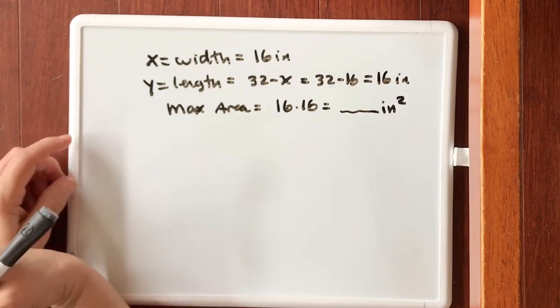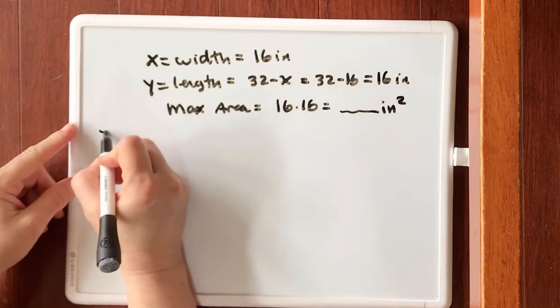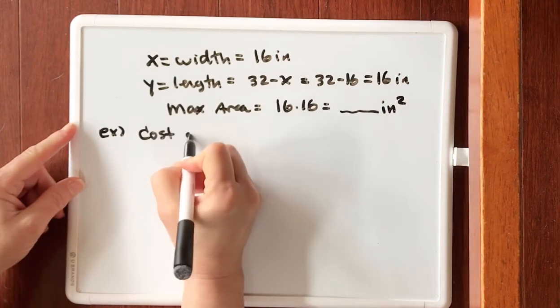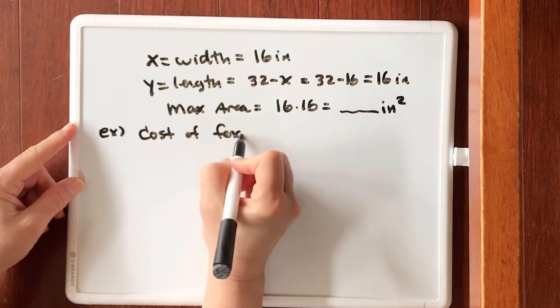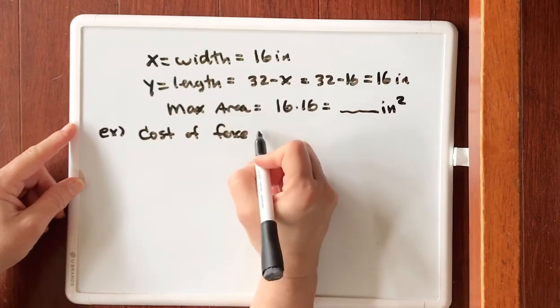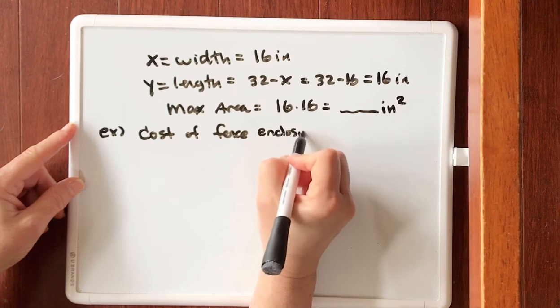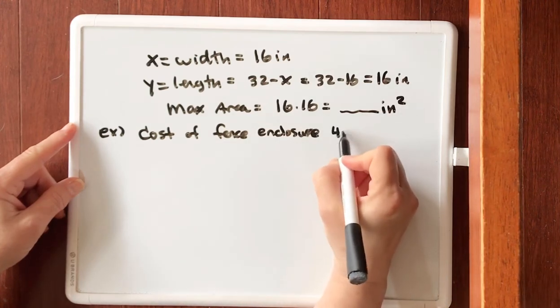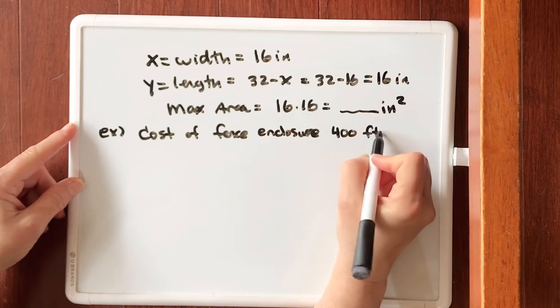Okay, we have a new problem. Cost of a fence enclosure, we're looking at 400 feet squared.